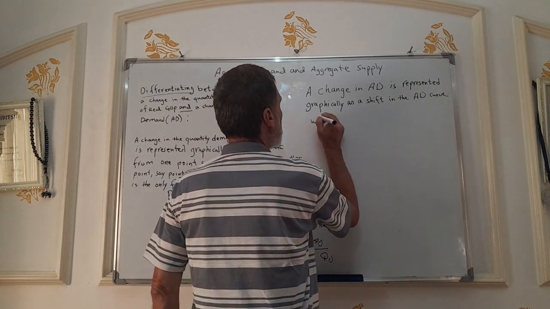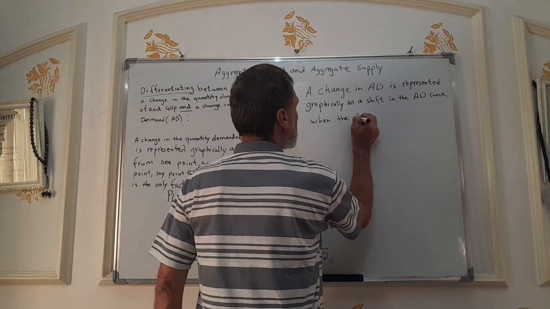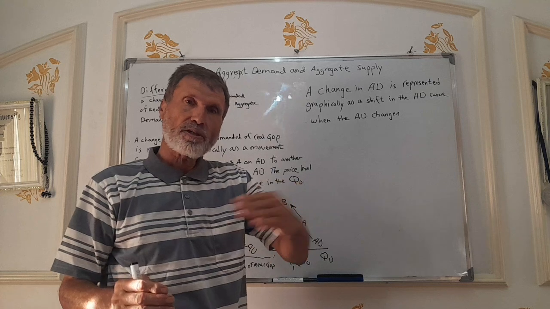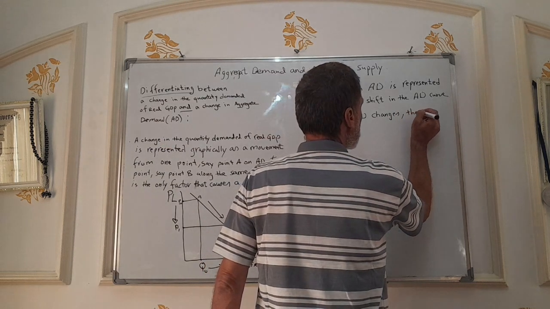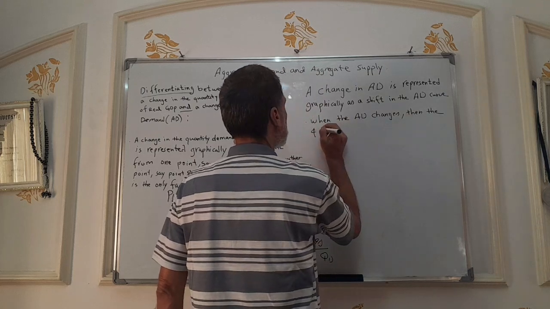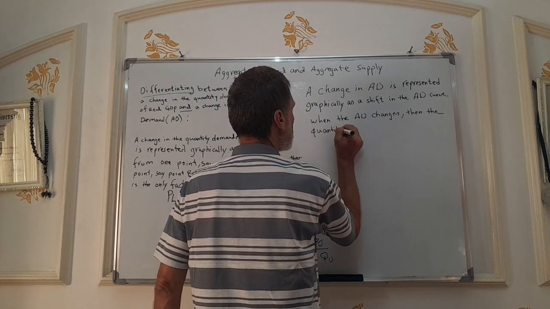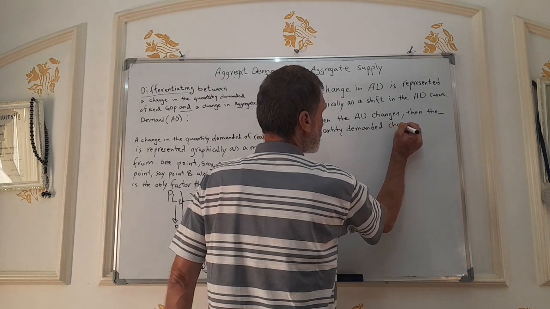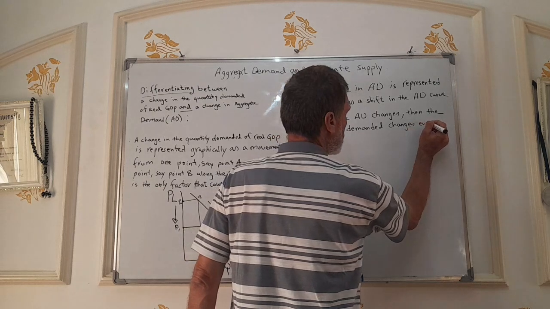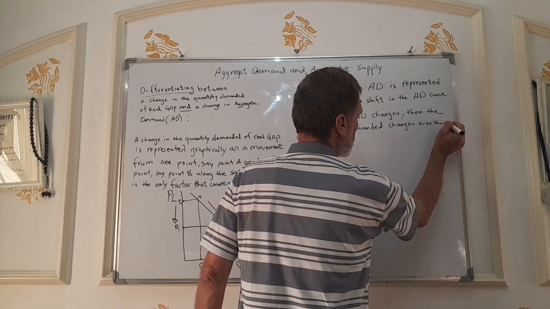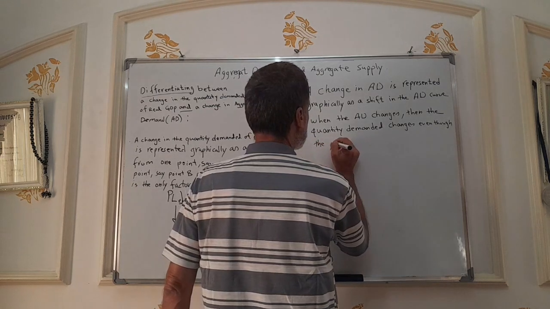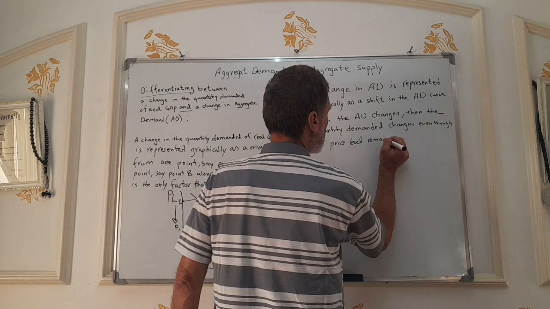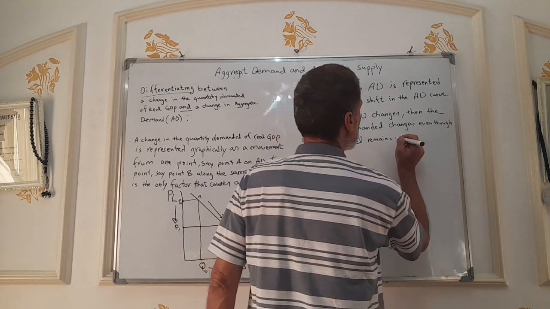So here, when the aggregate demand changes, that is, it shifts to the right or to the left, then the quantity demanded changes, even though the price level remains fixed.